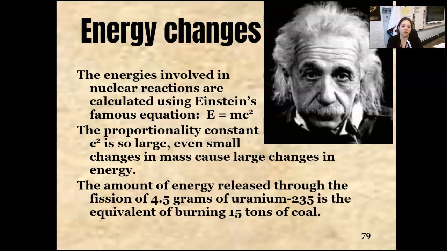The proportionality constant c squared is so large, even small changes in mass cause large changes in energy. The amount of energy released through the fission of 4.5 grams of uranium-235 is the equivalent of burning 15 tons of coal, which you can kind of see why this might be a good idea to use as an energy source.